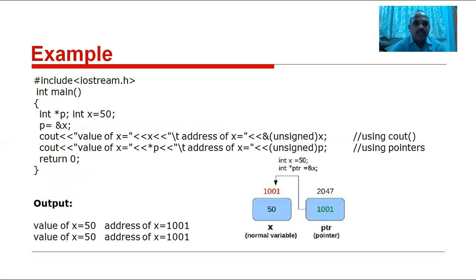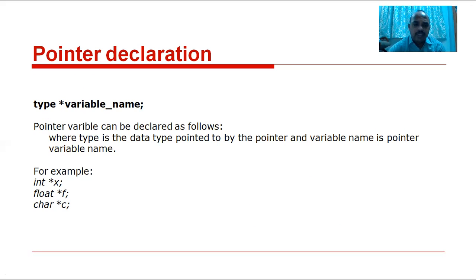Then the next one is an example program for pointer declaration. We know how to define a pointer variable. In the first statement, int asterisk x, x is an integer pointer, and it informs the compiler that it holds the address of an integer variable only. What is our definition?